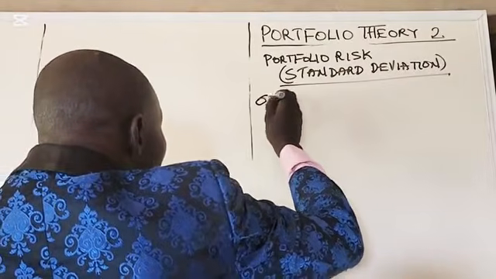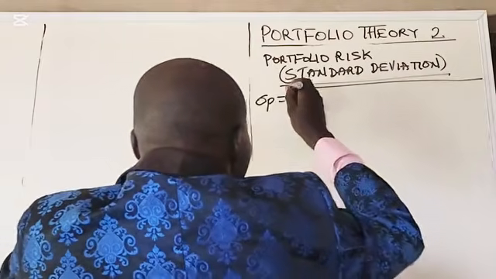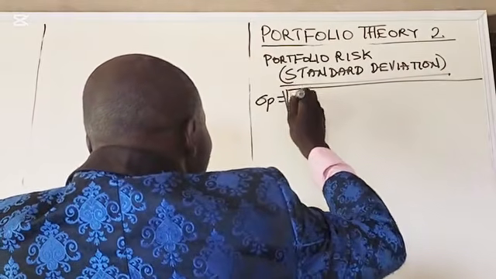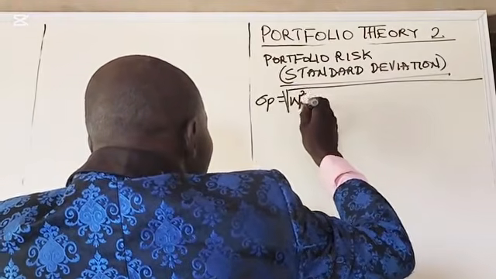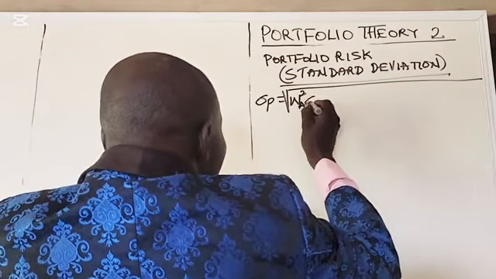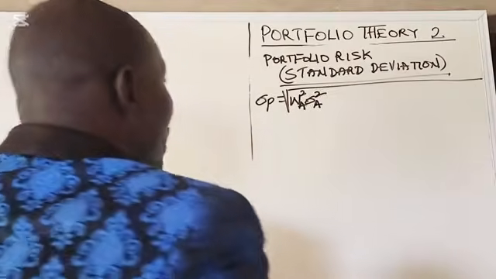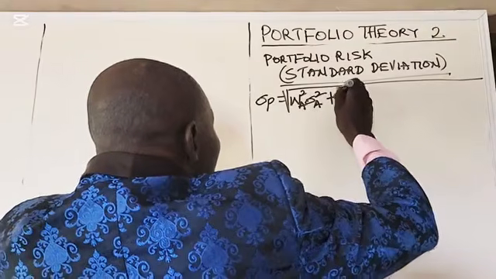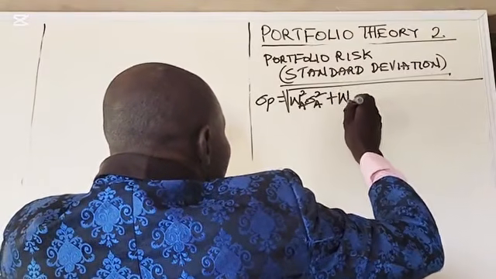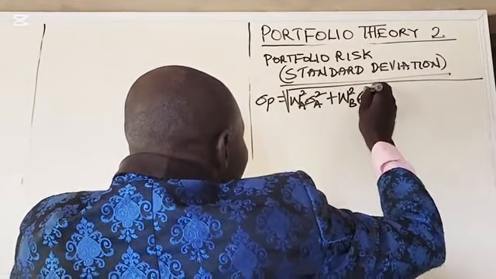Standard deviation of portfolio equals the square root of variance, and the variance equals the weight of security A squared multiplied by the variance of security A, plus weight of security B squared multiplied by the variance of security B.